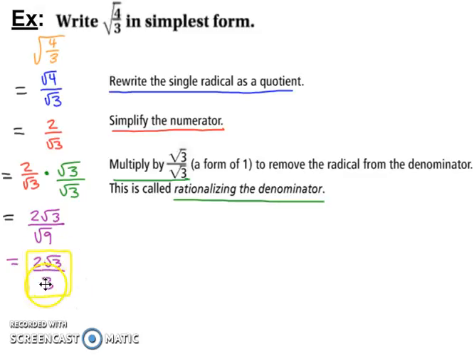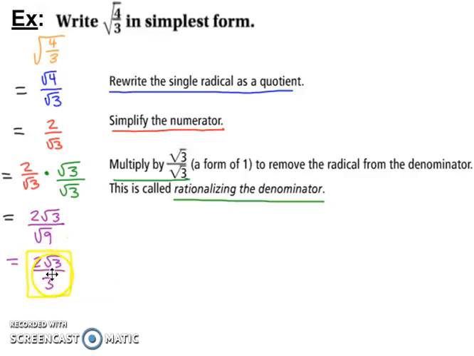Again, you might think that that looks less simplified than the original expression of root 4/3 that we had there. However, we need to remember the 3 criteria that need to be true in order for a radical expression to be in simplest form. We see here our radicand doesn't have any perfect square factors greater than 1. 3 doesn't have any perfect square factors in it other than 1.